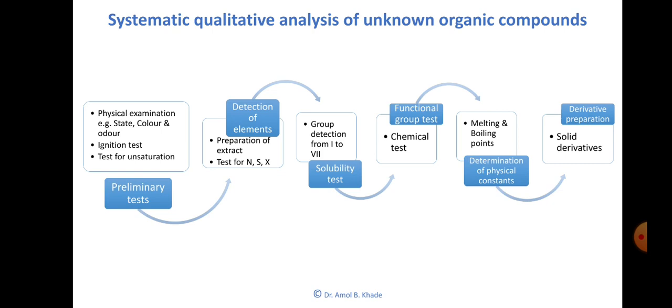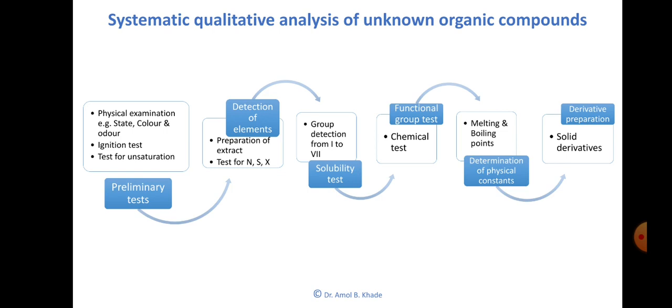Sometimes the melting point or boiling point we get does not actually guide us to certainly identify the given organic compound. There is not much surety about the identity of the compound because the melting point or boiling point we are getting is not very sharp.